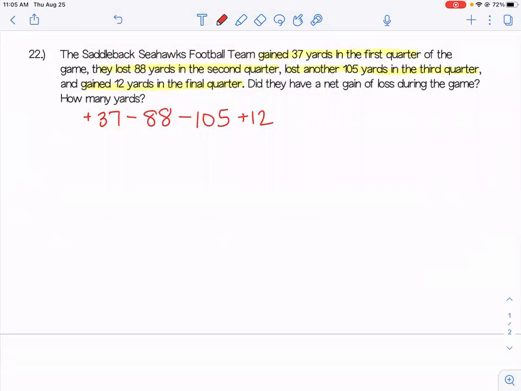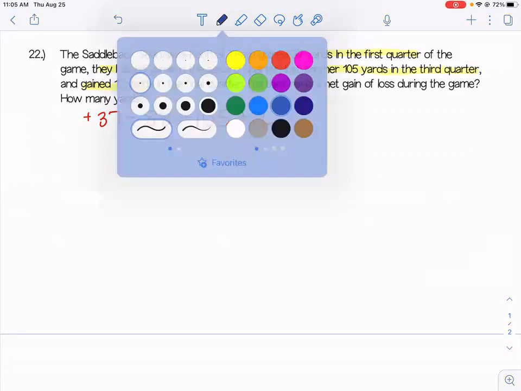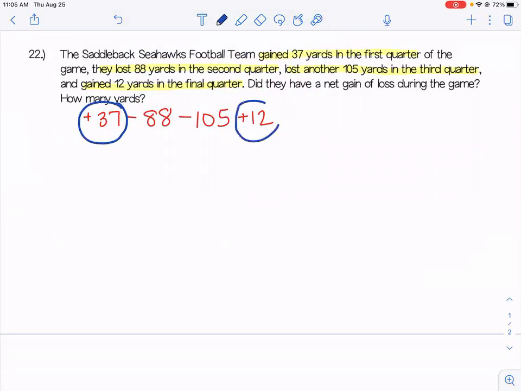Okay. What two do you want to work with first? Okay, so you're telling me you want to take the 37 and the plus 12? And what do we add those two to get? 49. So we have 49 minus 88 minus 105. Okay. Ryan, what do you want to work with next? 105 plus 88.